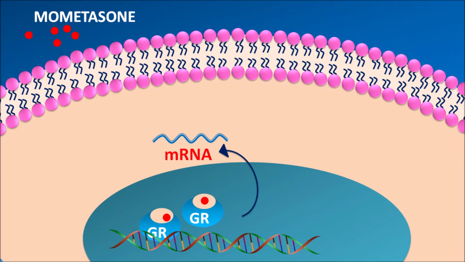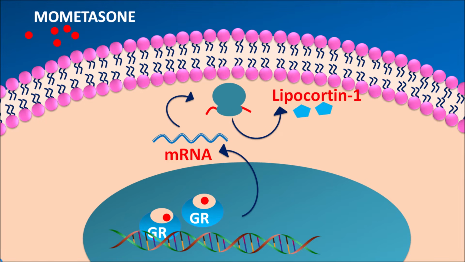This mRNA codes for anti-inflammatory mediators which can undergo translation within the ribosome such that it can produce few of the anti-inflammatory mediators such as lipocortin-1. This lipocortin-1 and annexin A1 can reduce the synthesis of inflammatory mediators. So in this way, mometasone can control the synthesis of inflammatory mediators by enhanced gene transcription of anti-inflammatory mediators.